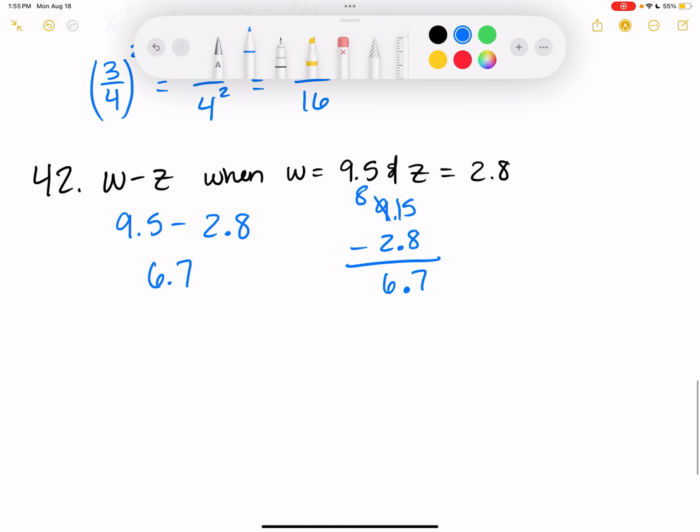All right, this last problem, I want you to try this on your paper and see.